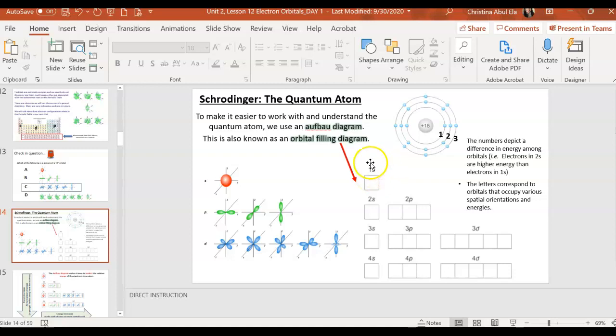And so this first box here is on the first floor of your hotel, the first energy level, the lowest energy, right? Because it doesn't take a lot to walk into the hotel and be on the first floor. And so the lowest energy, and it's in the shape of an s. So it's a spherical shape. So that's my first energy level, my first orbital.